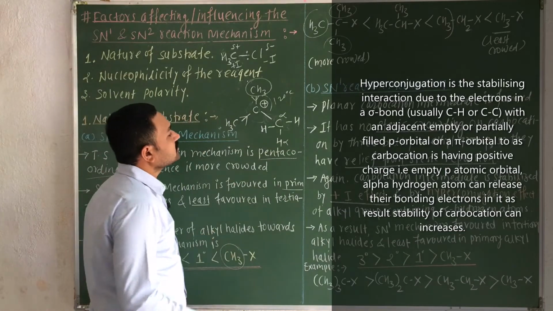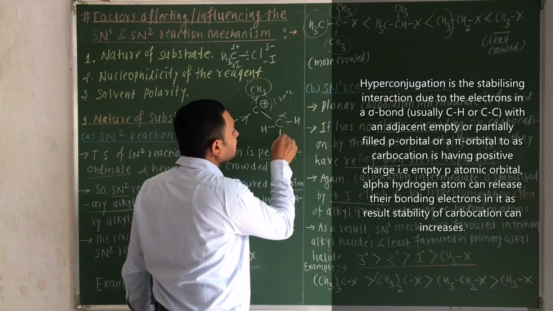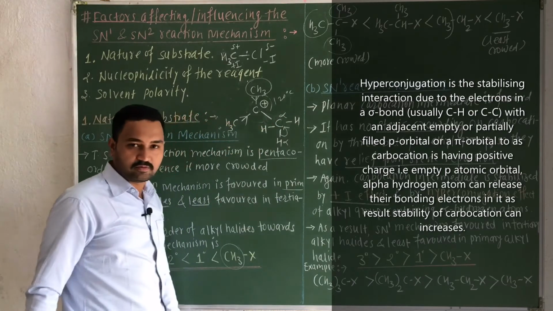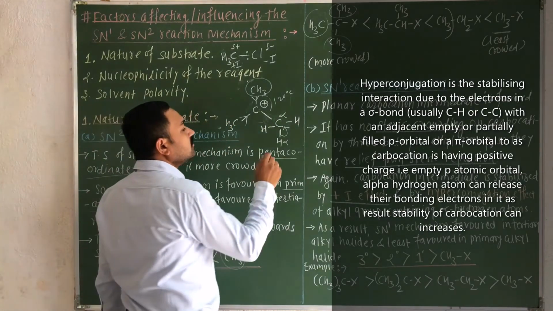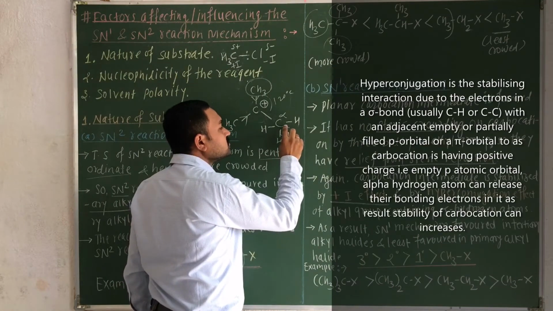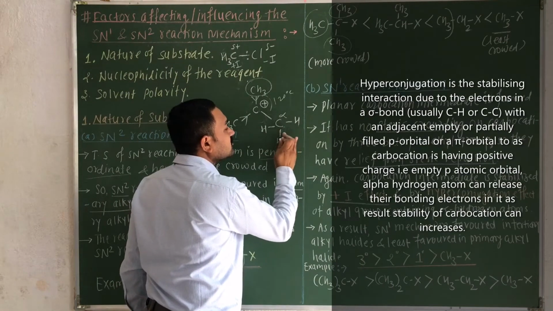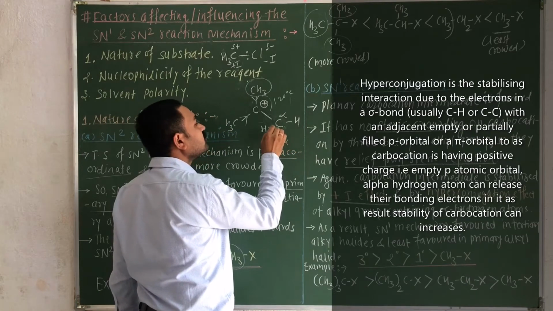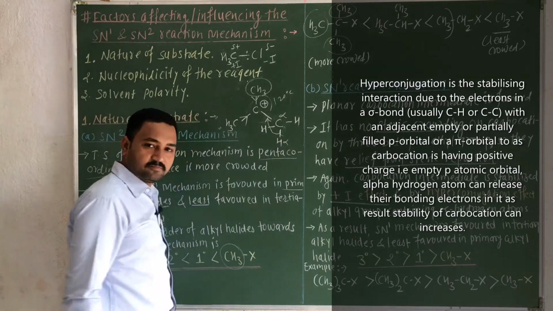That means they can release their bonding electrons towards this carbon atom. Suppose this particular bond is releasing its electron towards this carbon atom.